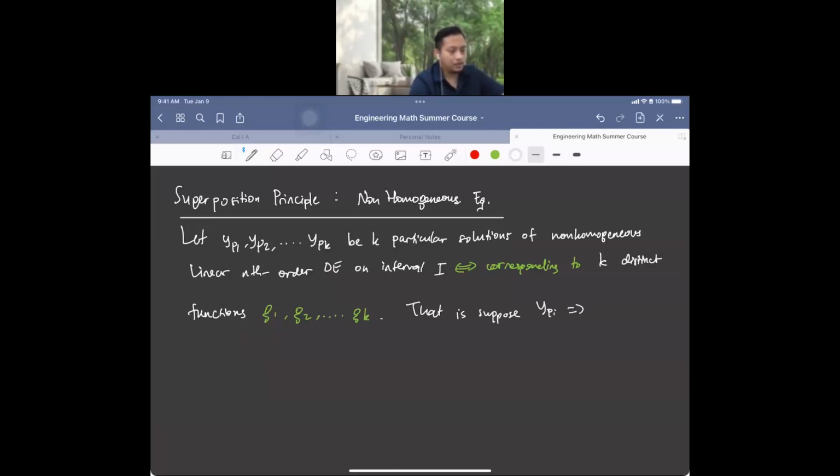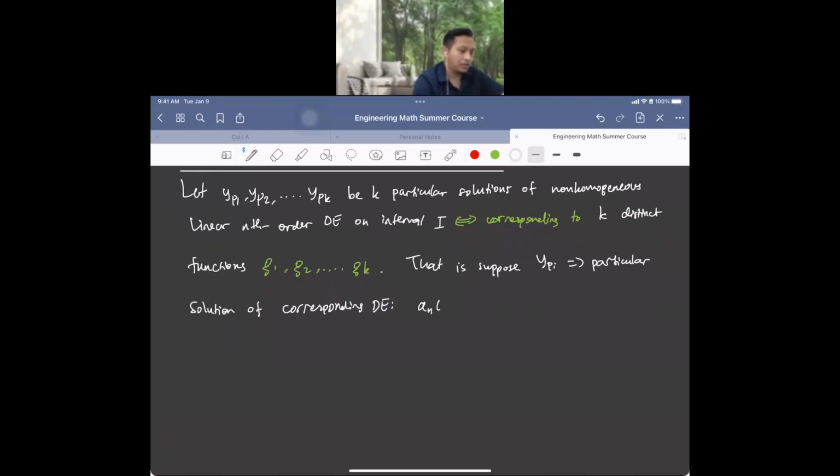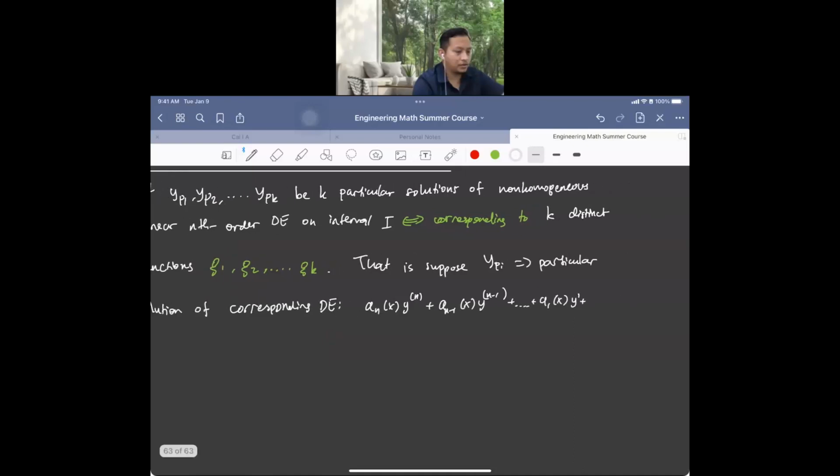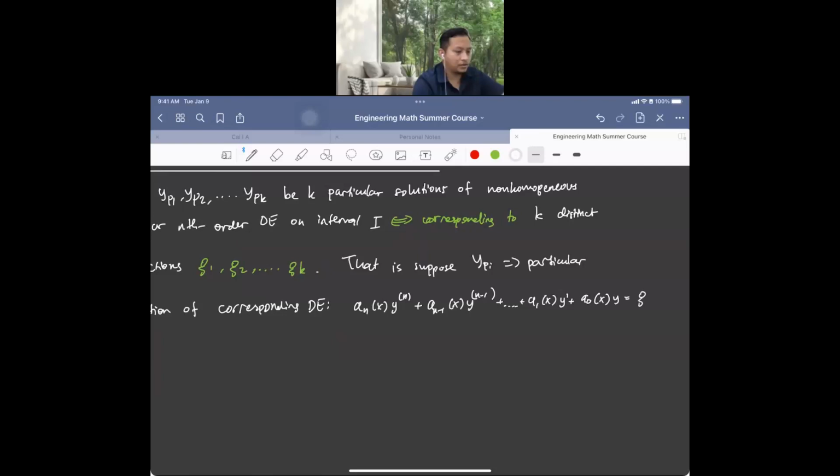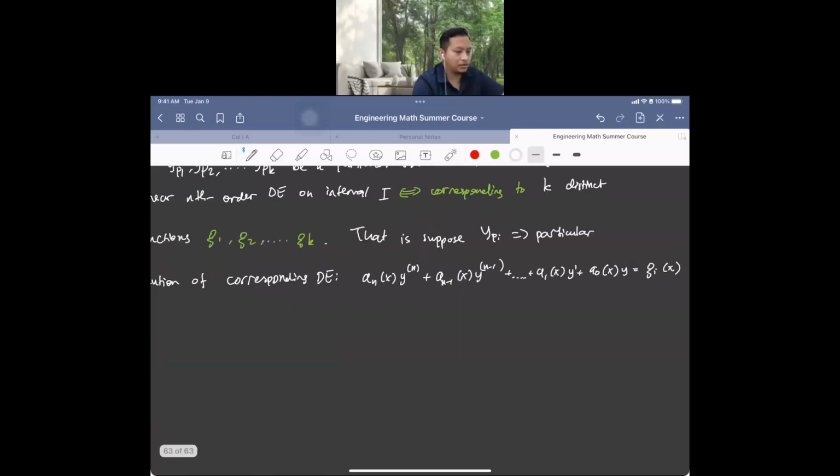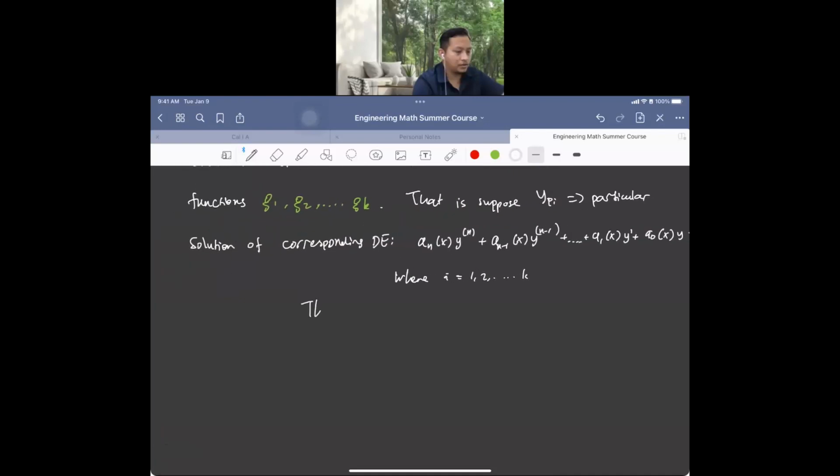Suppose ypi is a particular solution of the corresponding DE, an(x) y^(n) plus and so on, equal to gi(x), where i is from 1 up until k.